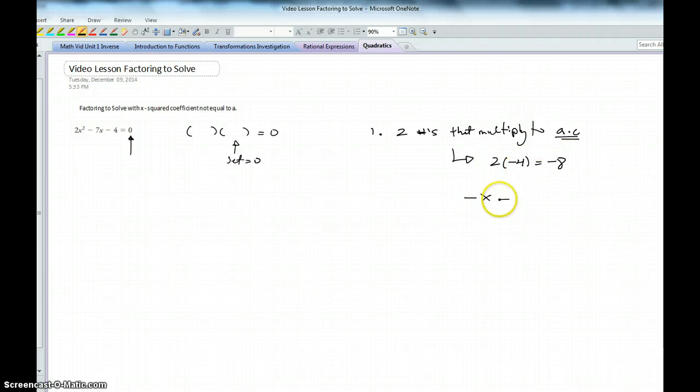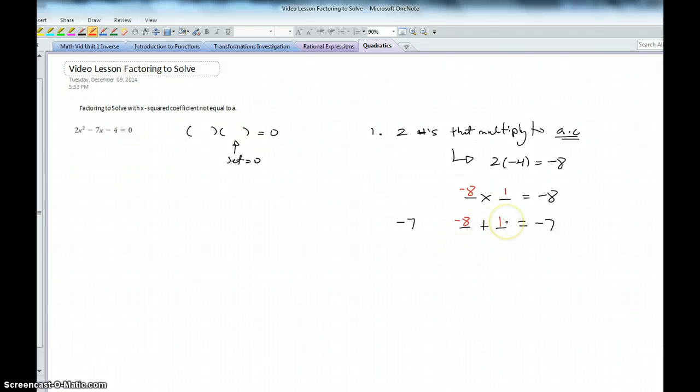Those two numbers, okay, multiply to -8, and also need to add to -7. That way, we're going to decompose, so to speak, the middle term -7. So those two numbers, let's try to figure them out, are going to be -8 and +1.